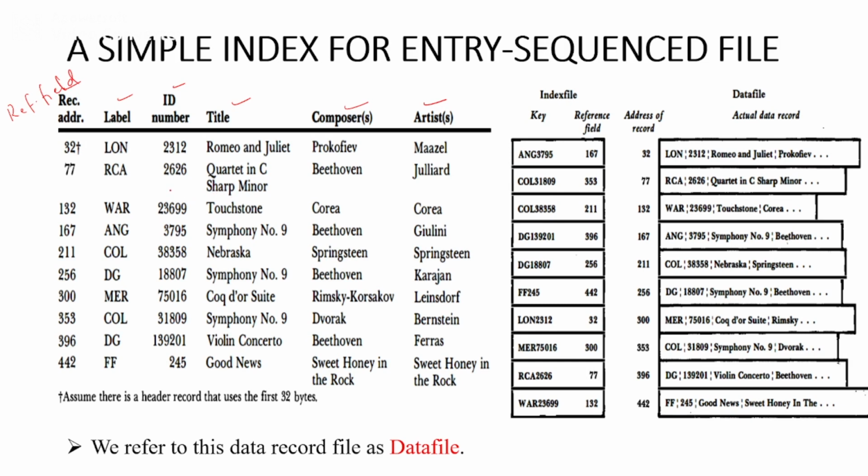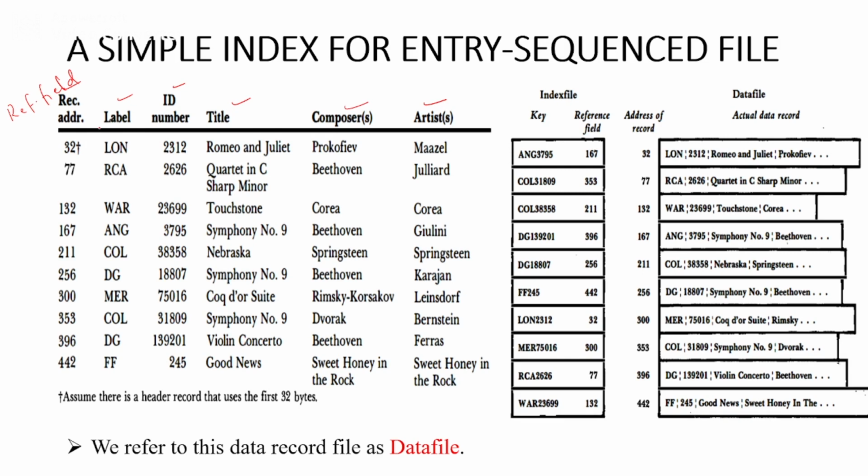And we need a key in order to use the index, right? Usually the key is a unique key. Each record has its own unique key that is used for the next processes.